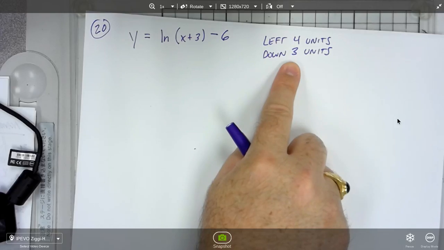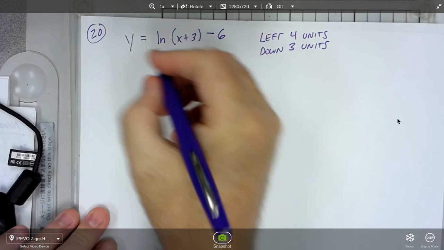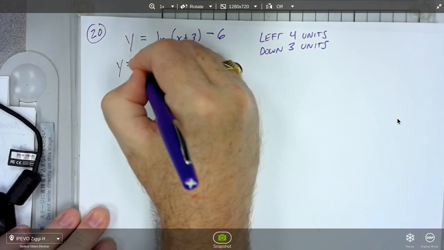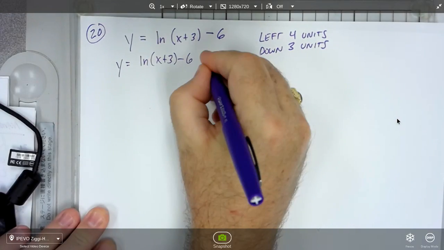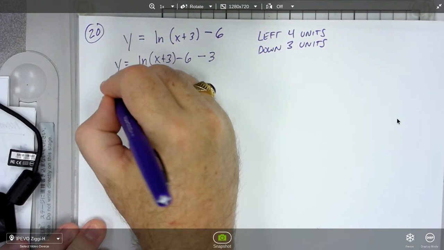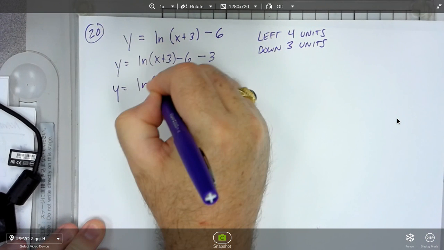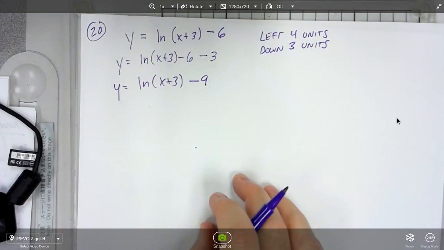And down, do I add or subtract for the vertical shift? You subtract. So you take this function, x plus 3 minus 6, and subtract 3 more units. Okay? So we get y equals natural log of x plus 3 minus 9. Okay?